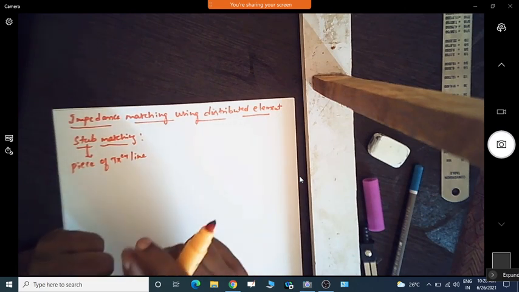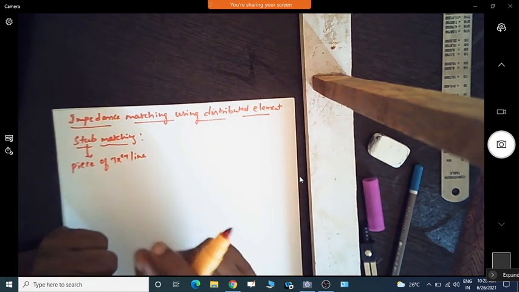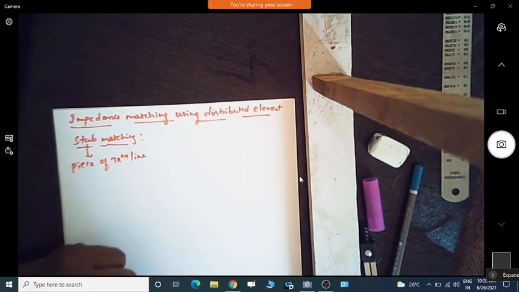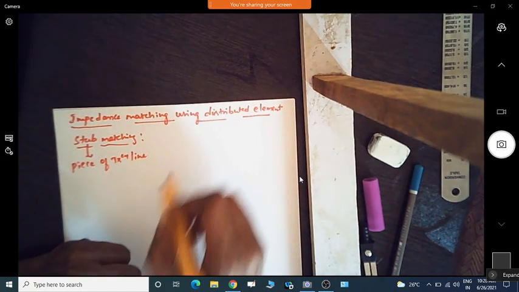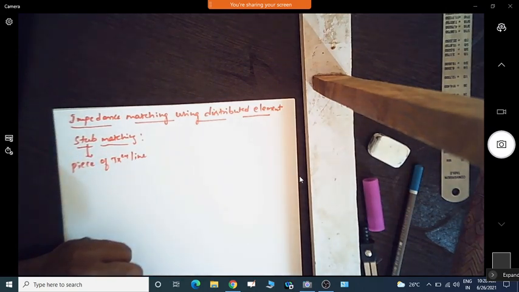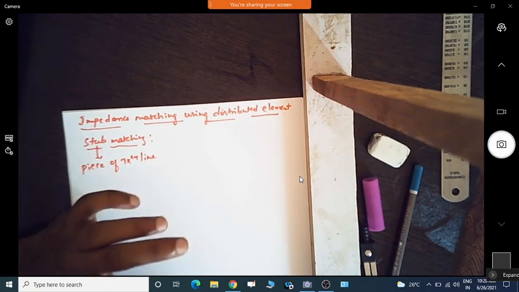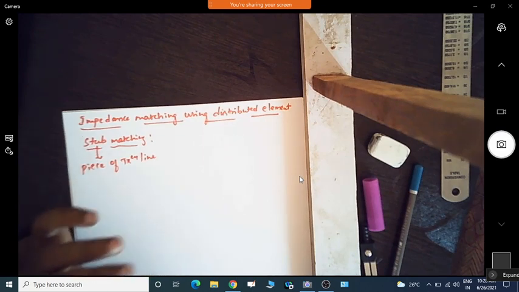Even the inductor size will be in terms of centimeters or millimeters. Whenever the component size is comparable to the operating wavelength, it is very difficult to control undesired quantities like radiation and other things.